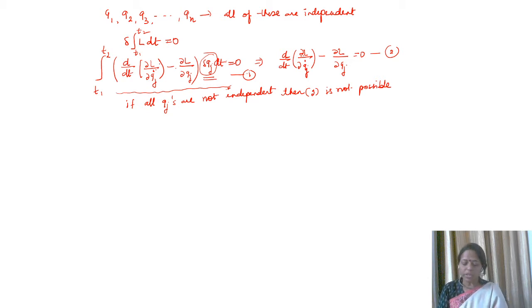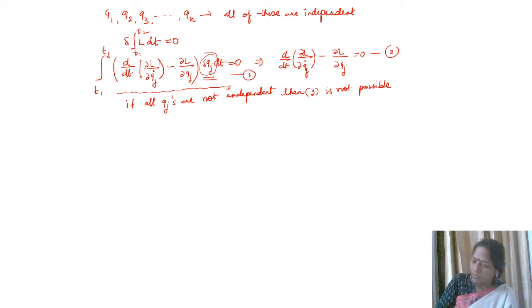So what we do in this case is use the Lagrange's multiplier method, and for that we say you have constraints and those constraints are not free from velocity components.